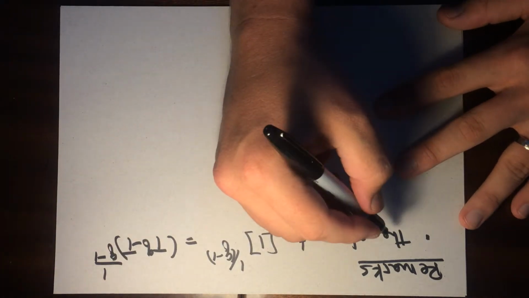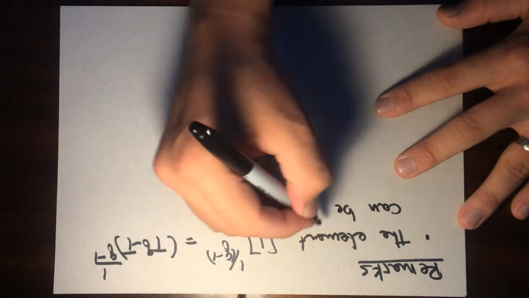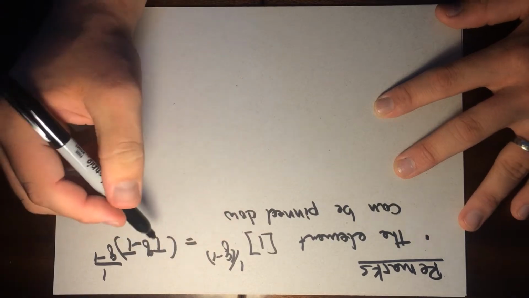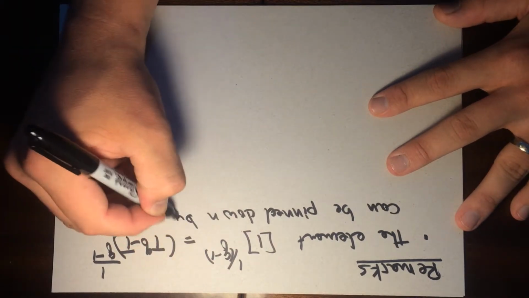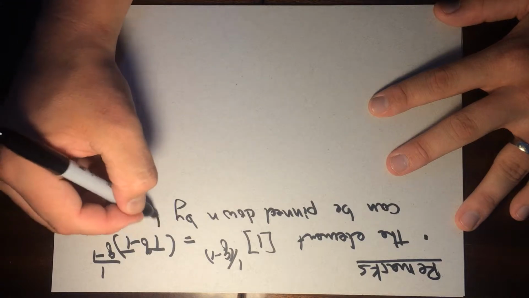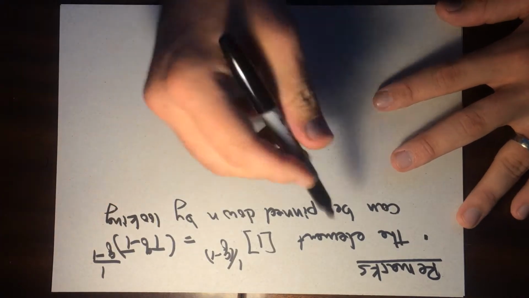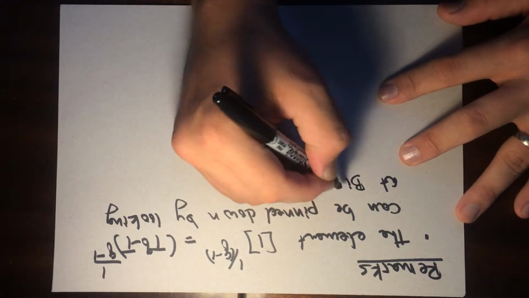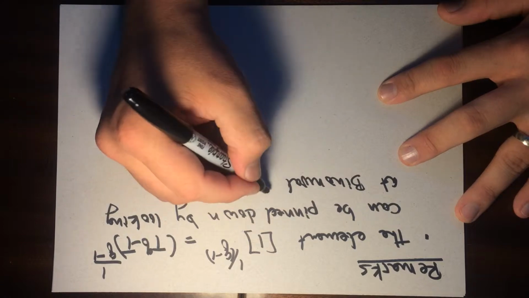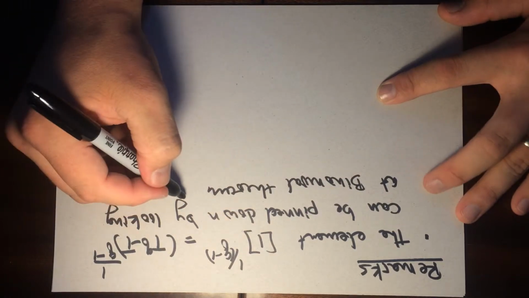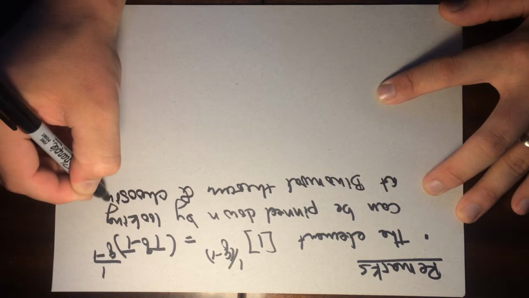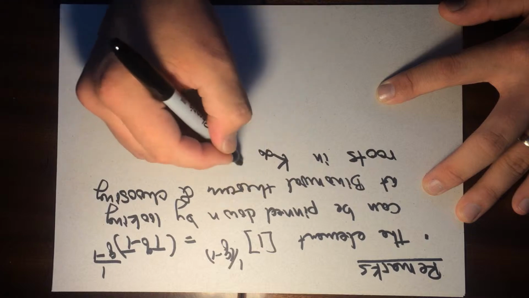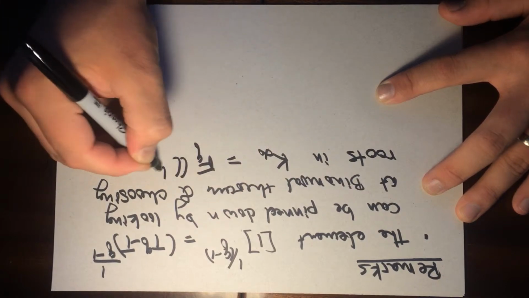This can be pinned down by looking at the binomial theorem and choosing roots in K infinity, which is F_q((1/T)).